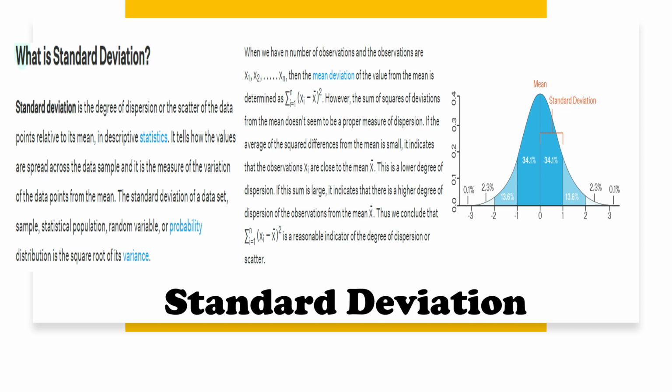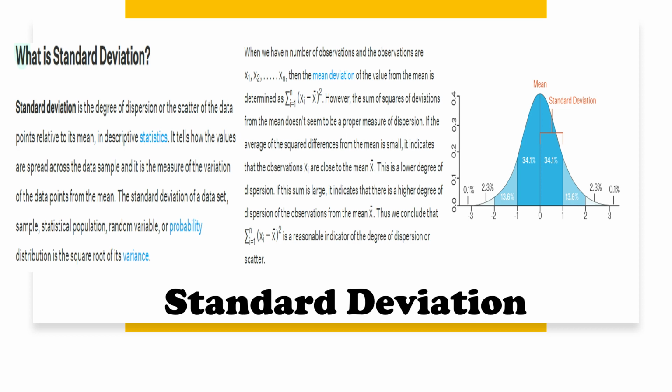It tells how the values are spread across the data sample, and it is a measure of the variation of the data points from the mean. The standard deviation of a data set, sample, statistical population, random variable, or probability distribution is the square root of its variance.